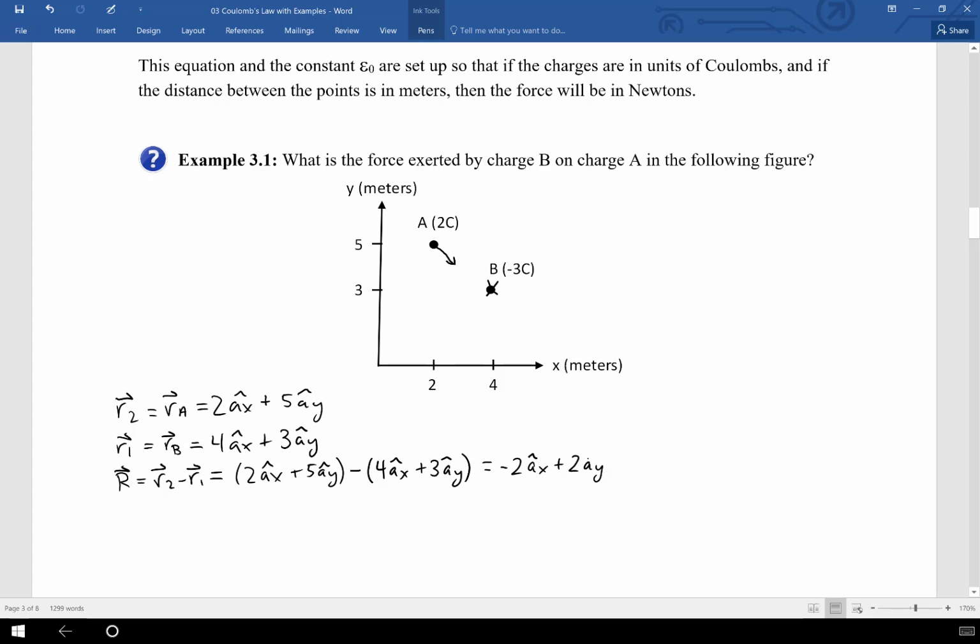So when I have done this subtraction, I end up with the fact that R is negative 2A sub x plus 2A sub y. In other words, I should clarify, F is pointing this direction, but R is pointing in this direction.